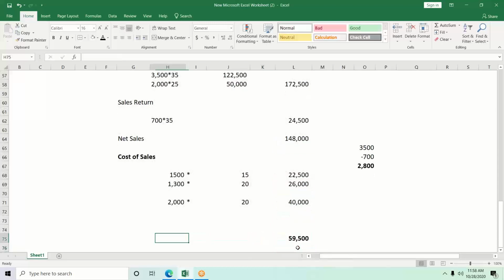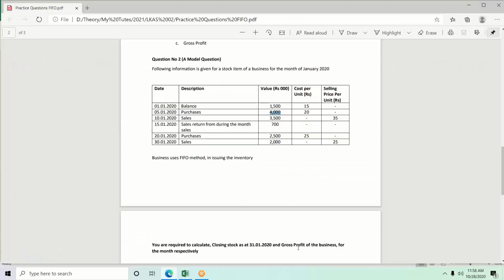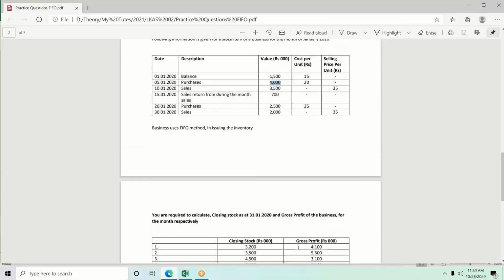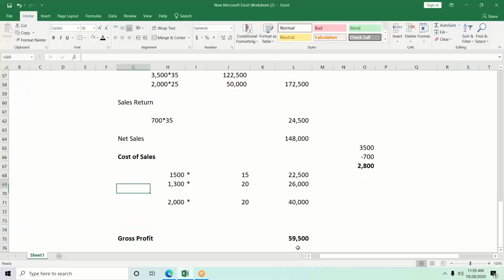And your gross profit will be rupees 59,500. Yes. Forget about the particular answers which have been given erroneously. The wrong answers have been printed, but anyhow, these are the figures that you are supposed to use.